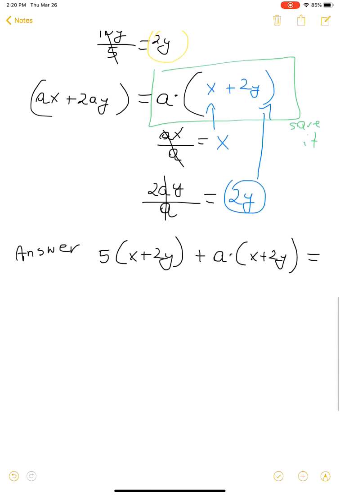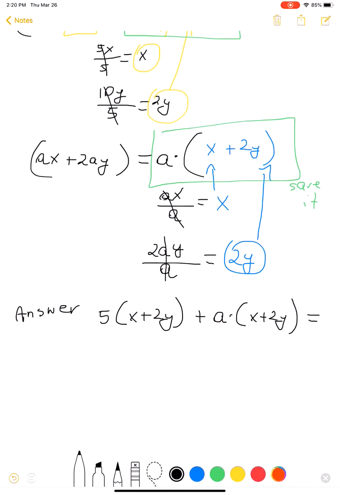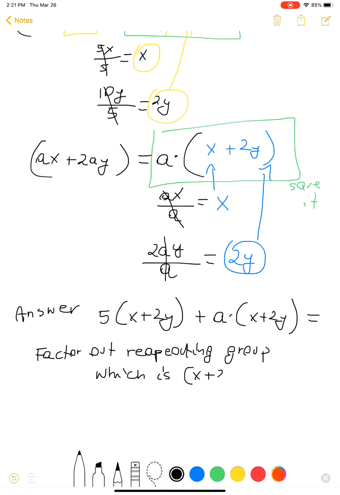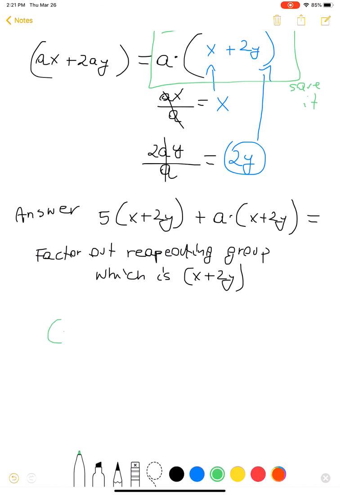Now when you have this, you need to factor out, this is the last step, the repeating group, which is x plus 2y. So that's the last and final step. We're factoring x plus 2y, since that's what is repeating, that will be your GCF. And in the new parenthesis, technically you put in the leftovers.